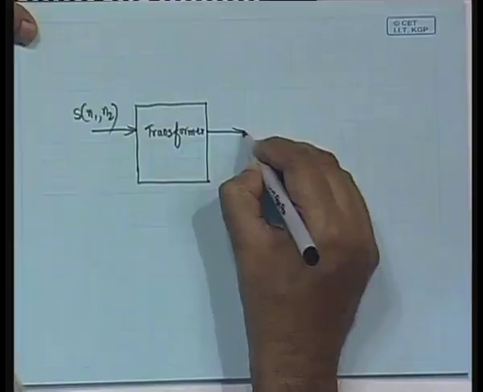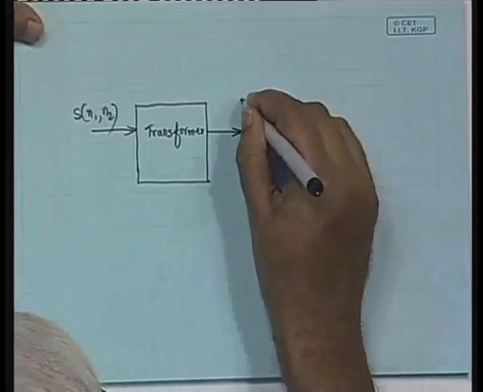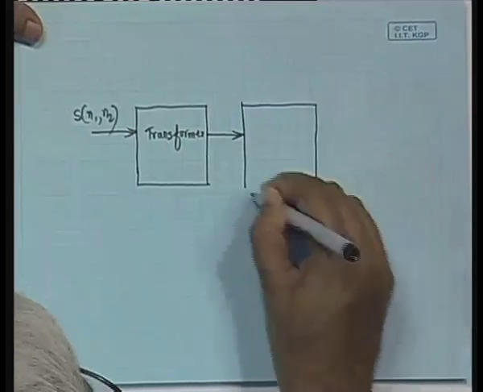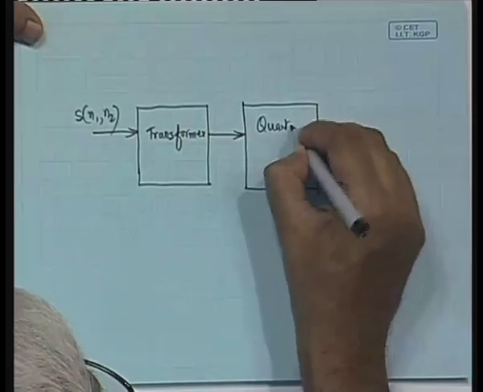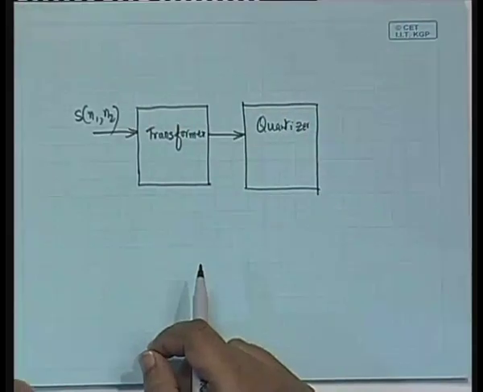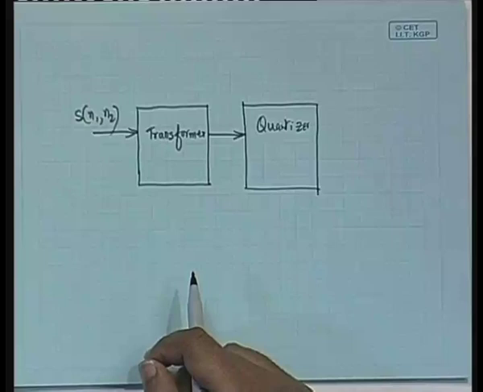Now, after it is transformed, the transformed image array that we get should be quantized, because if we want to represent all the transformed values without going through any quantization process, the amount of information that will be required will be excessively high.